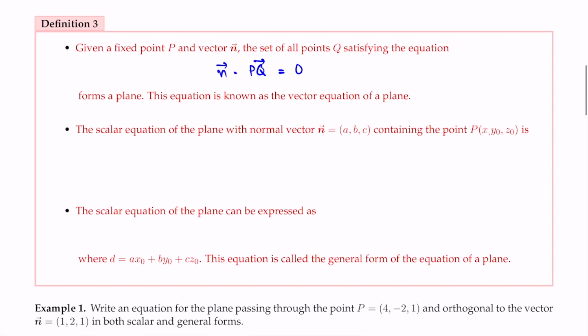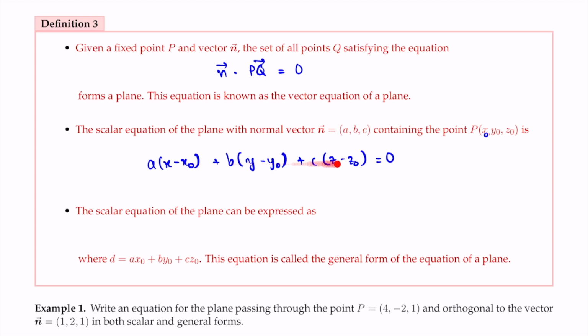And then the scalar equation of a plane with the normal vector n equal to a, b, and c containing the point P, x0, y0, and z0 is given as a times x minus x0 plus b times y minus y0 plus c times z minus z0 equal to 0. Again, this is a scalar equation of the plane with normal vector n containing the point x0, y0, and z0.